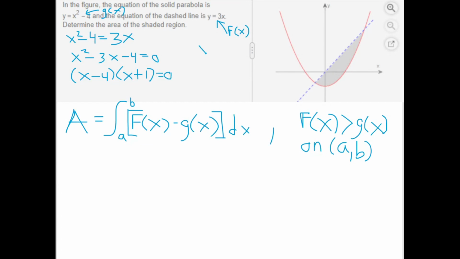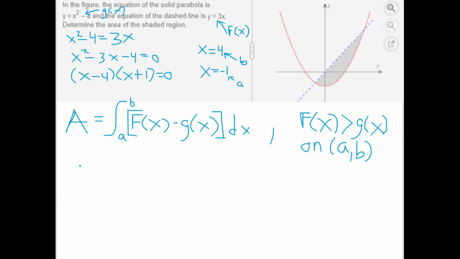When we solve this, we get x equals 4 and x equals -1. The leftmost point is -1. That will be a, our lower bound when we integrate. And the rightmost point is 4. That's b.